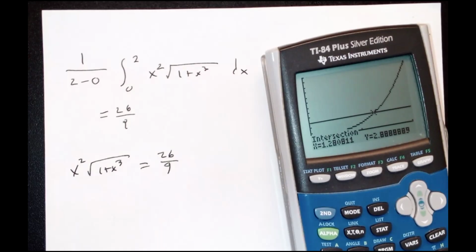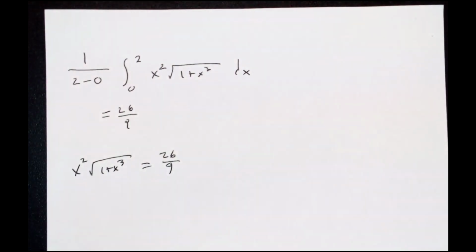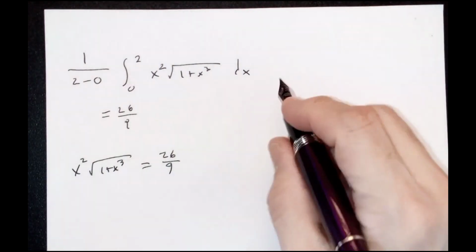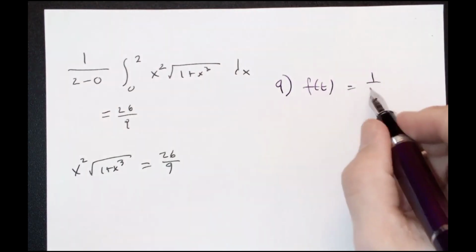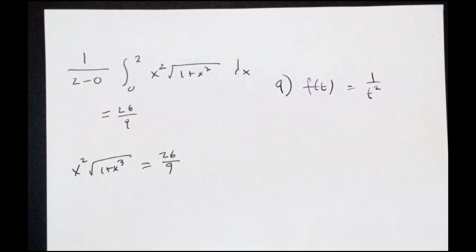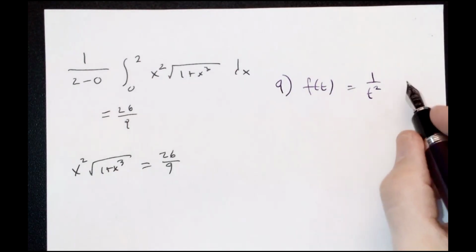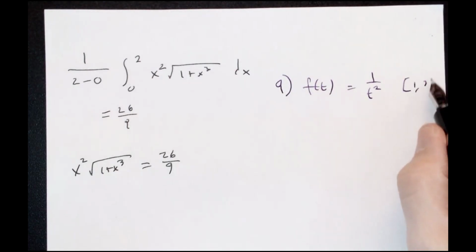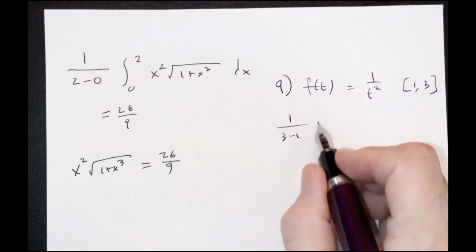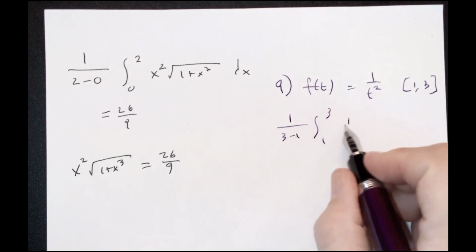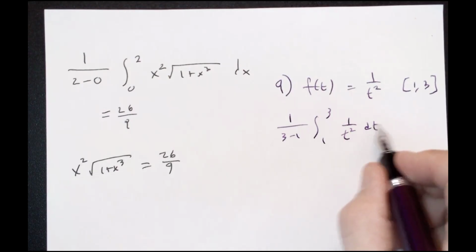In problem 9, I'm dealing with that equation, right? So I'm going to do 1/(3 minus 1), the integral from 1 to 3, of 1/t squared dt.